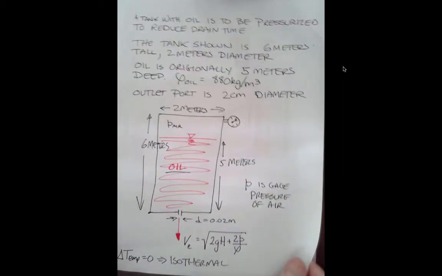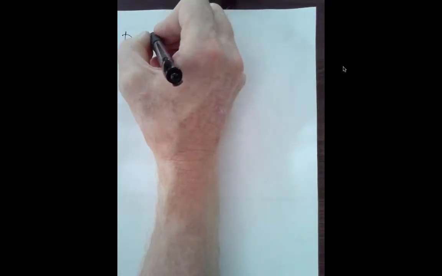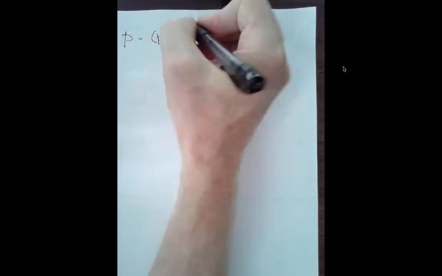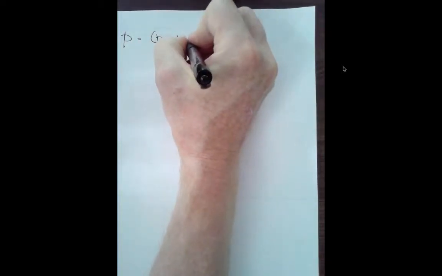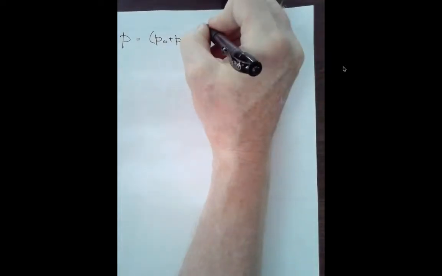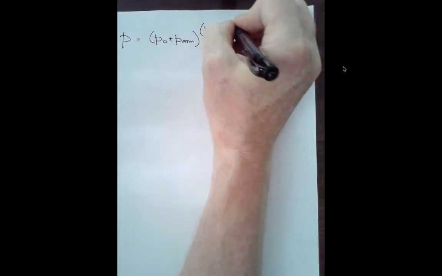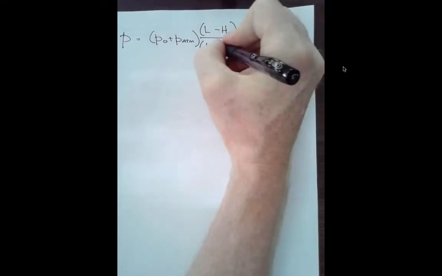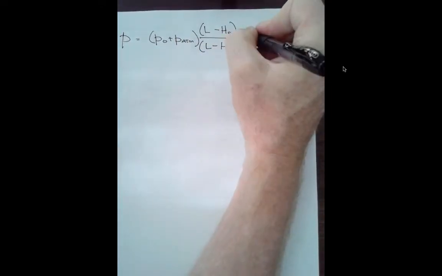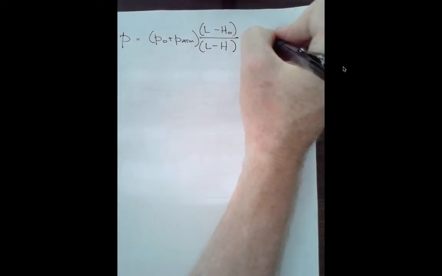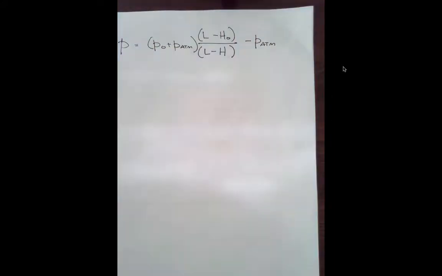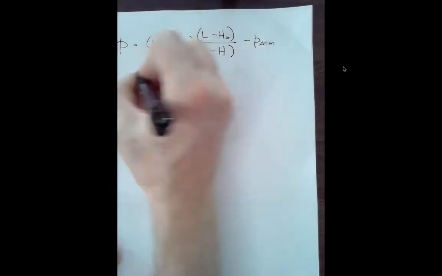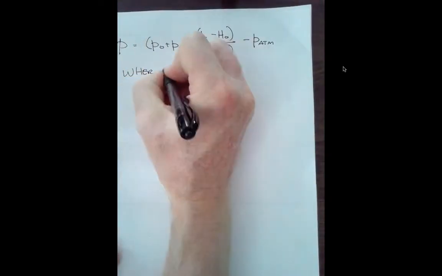And the air pressure is given by the following formula. P is equal to P0 plus whatever the atmospheric pressure is, times L minus H0 over L minus H, minus pressure atmosphere, where L is the tank height.